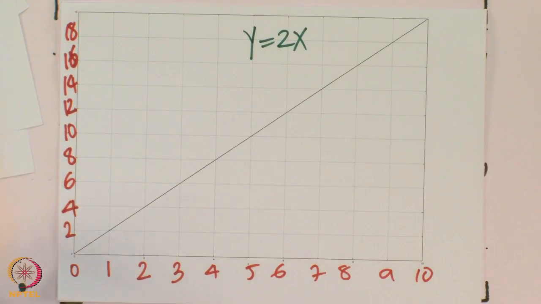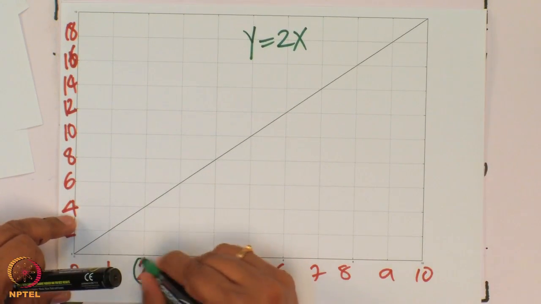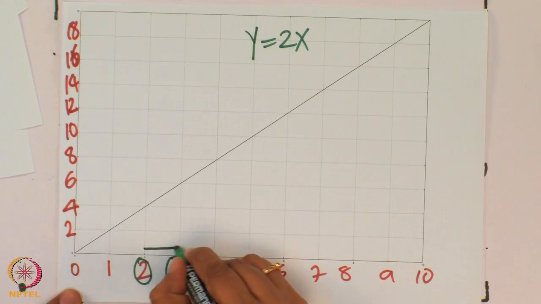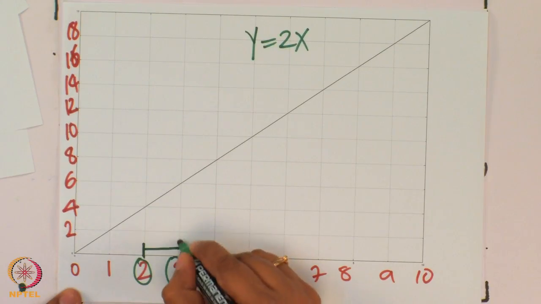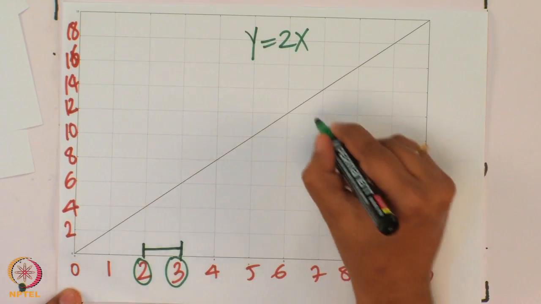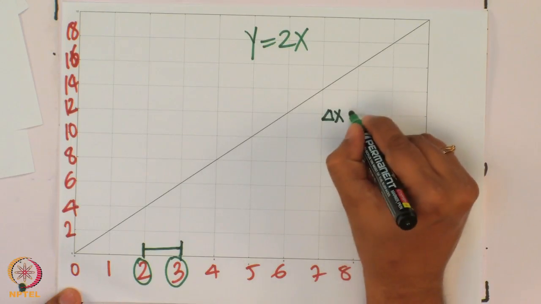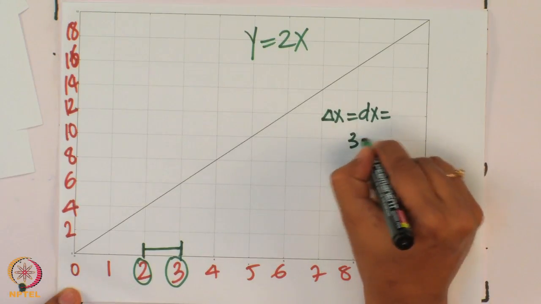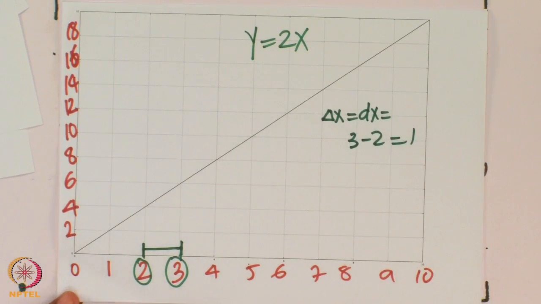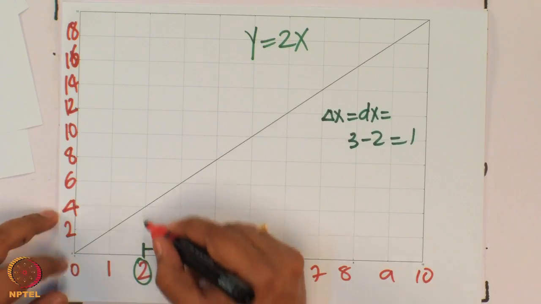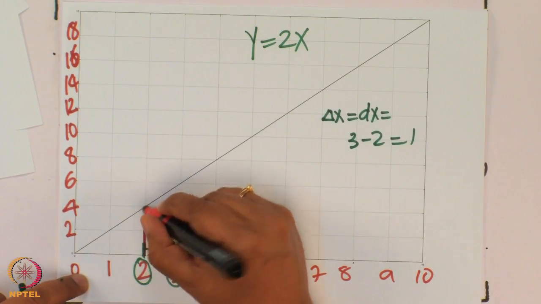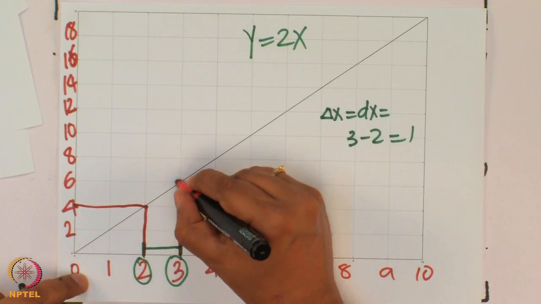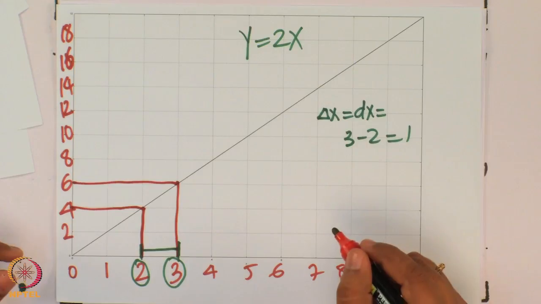Now as we just did, to calculate the derivative of this, you have to take any two values, 2 and 3. Find the difference between these x values, that is delta x or dx, which is 3 minus 2, which is 1. Then find the corresponding y values. The corresponding y value here is 4 and here is 6.